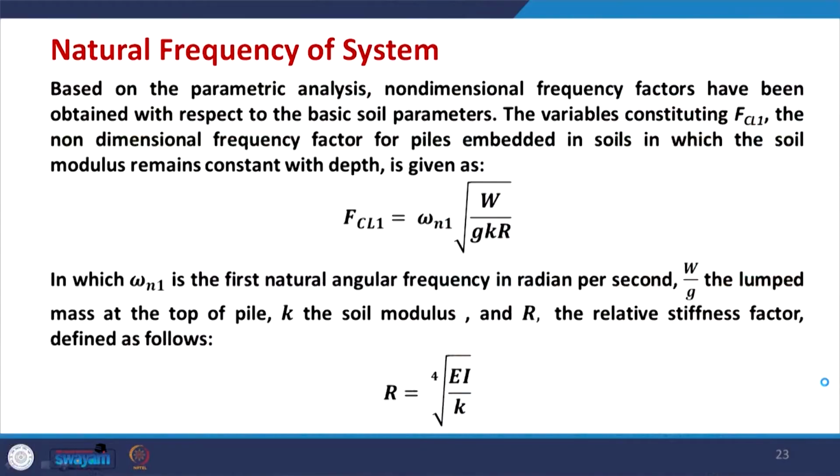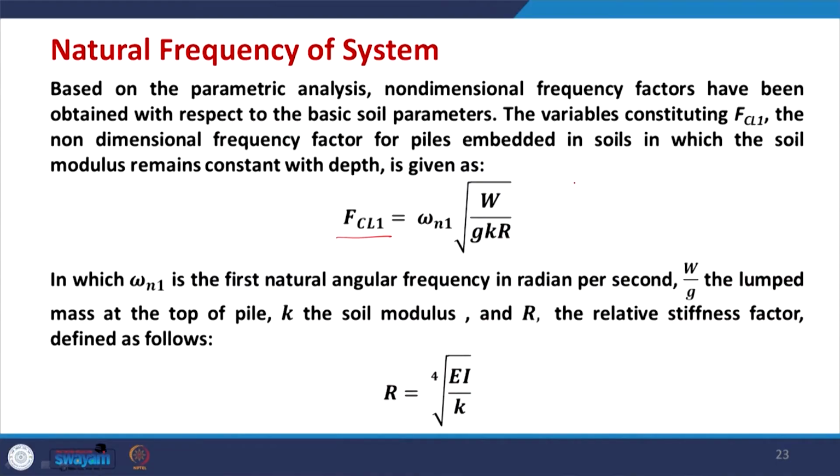What property has been used, I can put it like this: how this FCL1 is defined. FCL1 itself, what is the meaning of this? Cl means basically clay. 1 is denoting the first mode of vibration or fundamental mode of vibration.